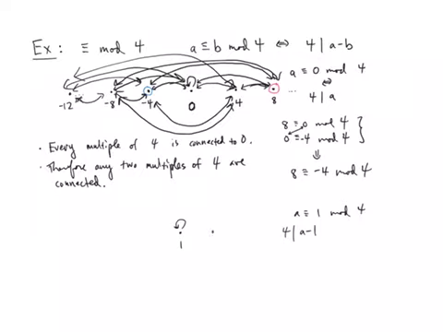All right, so we would have to have, so 5 is 1 more than a multiple of 4, and 9 is 1 more than a multiple of 4, and 13 is 1 more than a multiple of 4, and let's see, negative 3 is 1 more than negative 4, which is a multiple of 4, and negative 7 is 1 more than negative 8, which is a multiple of 4, and etc. So each of these must be connected to 1, and therefore we have double arrows.